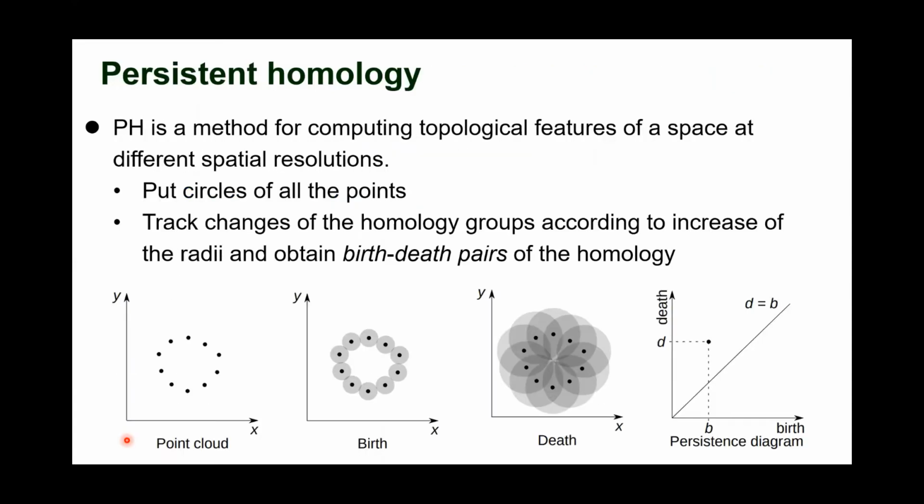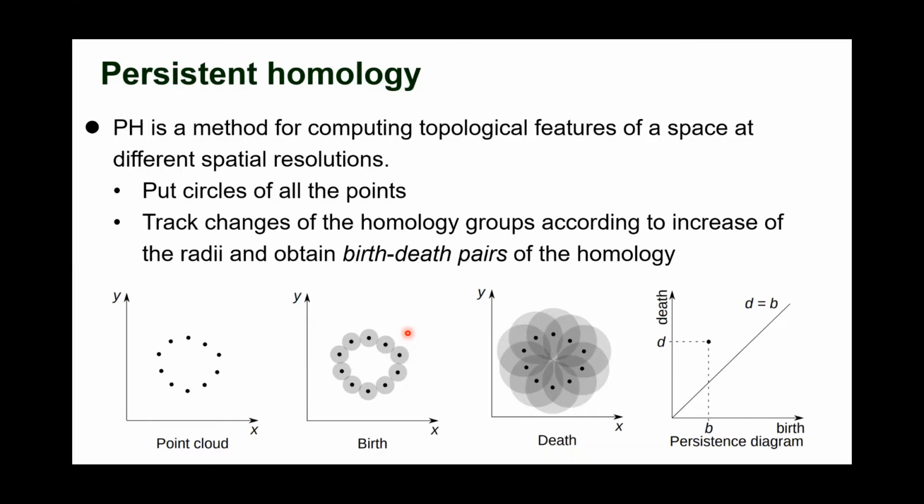Let me explain an intuitive outline of the persistent homology. First, we have a point cloud as shown in the left figure. In this case, we have a two-dimensional point cloud. Circles are set to the points and their radius will be increasing. In the middle left figure, the circles are connected and we can see a hole. We say this time as the hole is born.